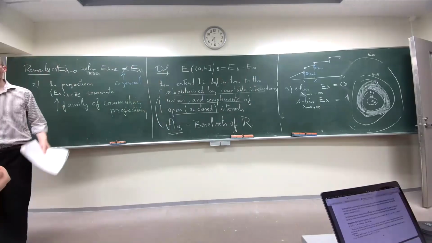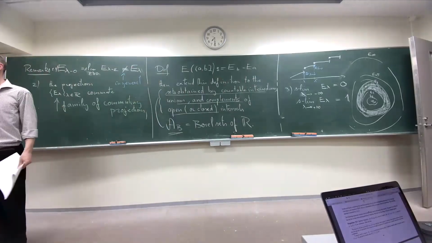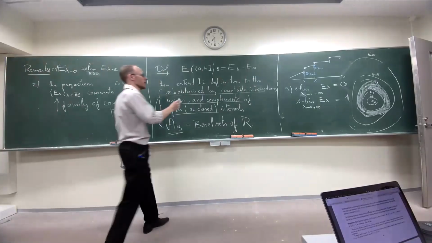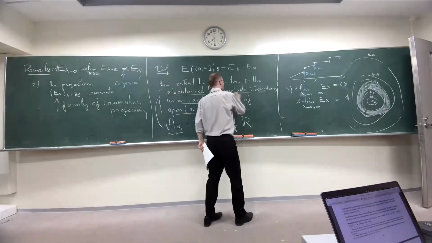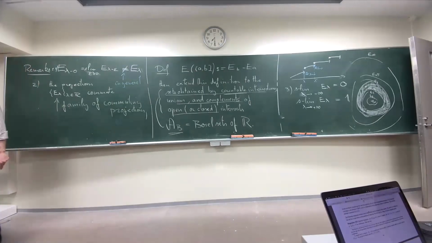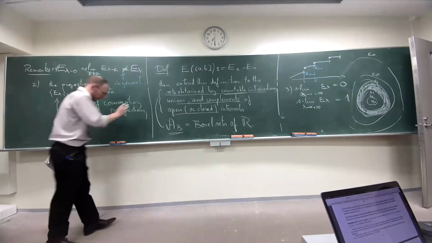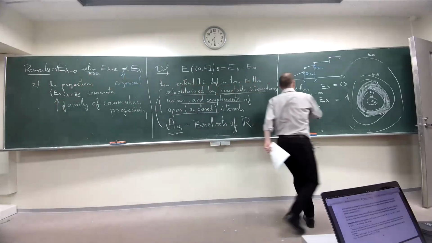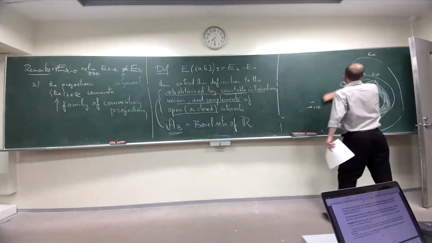Essentially, the most general kind of subset of R. No, it's not the most general because we do it in a countable way. A Cantor set, you would do it in an uncountable way. So you don't reach Cantor set here. Okay.